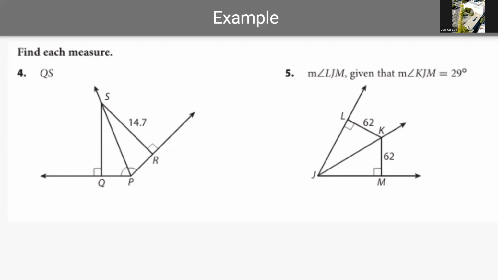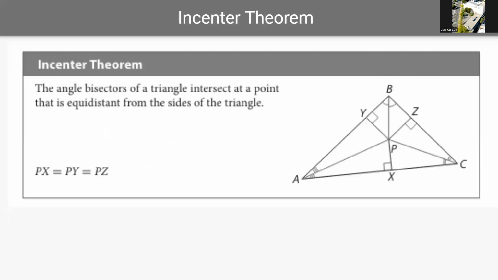So moving on. This is the incenter theorem. The angle bisectors of a triangle. So all of these are bisectors. BP is a bisector, AP is a bisector, CP is a bisector of that angle.